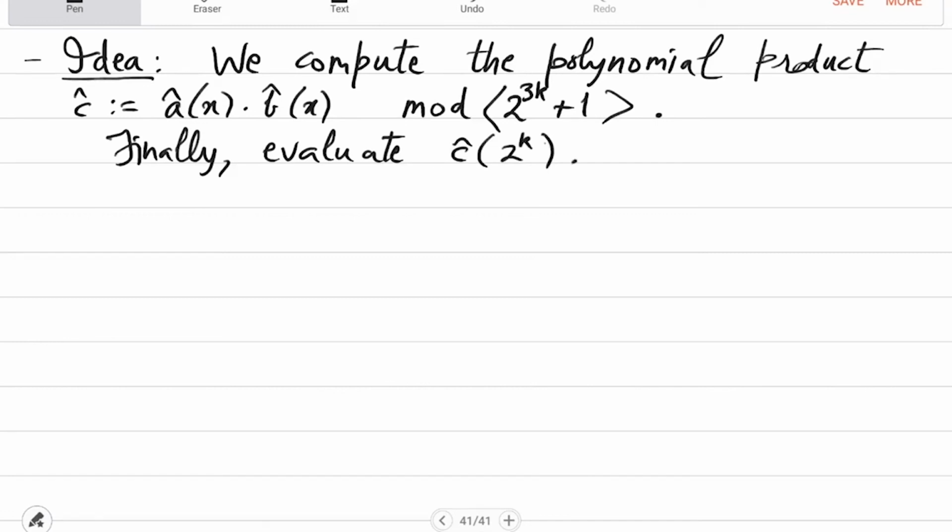How will this help me? All our quotients are less than 2 power 3k plus 1. Yeah, it will help because we will not just call the fast polynomial multiplication algorithm as a black box, because that doesn't help us. We will actually be inspired by that algorithm and give a different algorithm.